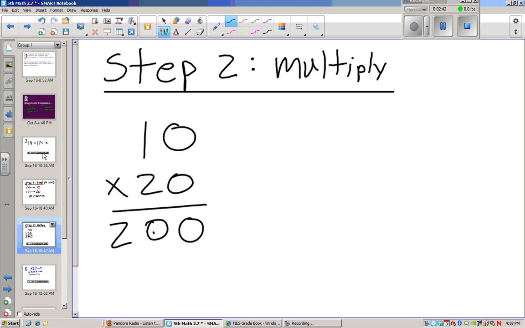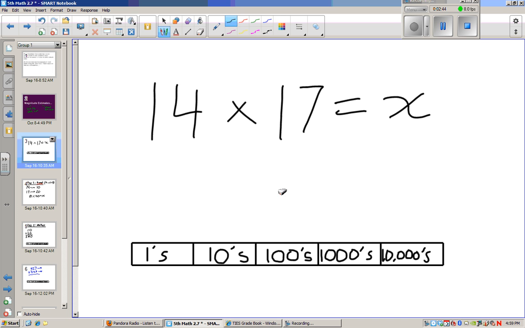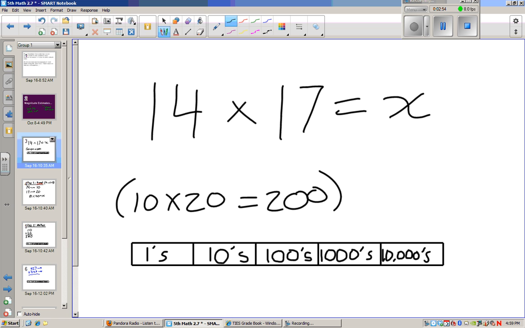If I go back up to the original problem, 14 times 17, I did a magnitude estimate of 10 times 20 equals 200. So I can circle it and say my magnitude estimate is in the hundreds. When I do the actual problem, 14 times 17, my answer should be in the hundreds, and if it's not, then I probably did something wrong.